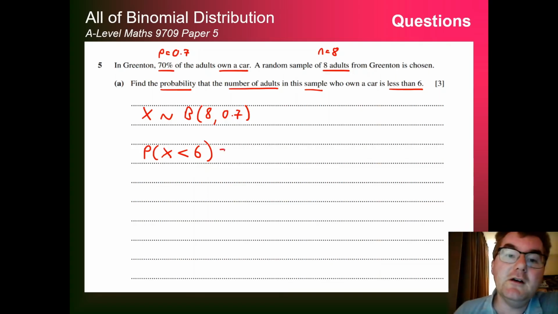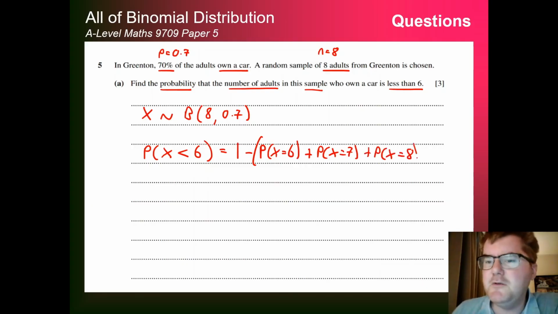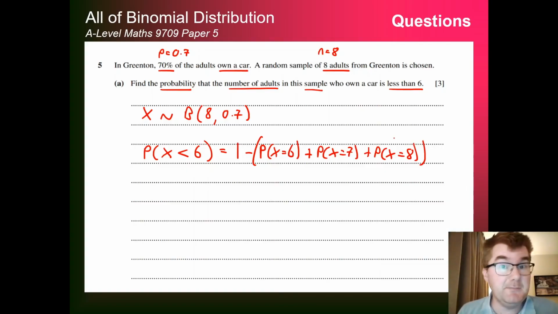What's easier to work out is actually doing 1 minus the probability of 6 owning plus the probability of 7 owning, and then probability of all people in the sample owning. Notice we've only got 3 calculations then that we have to work out, and it really speeds you up on this paper, and this paper is really tight on time.